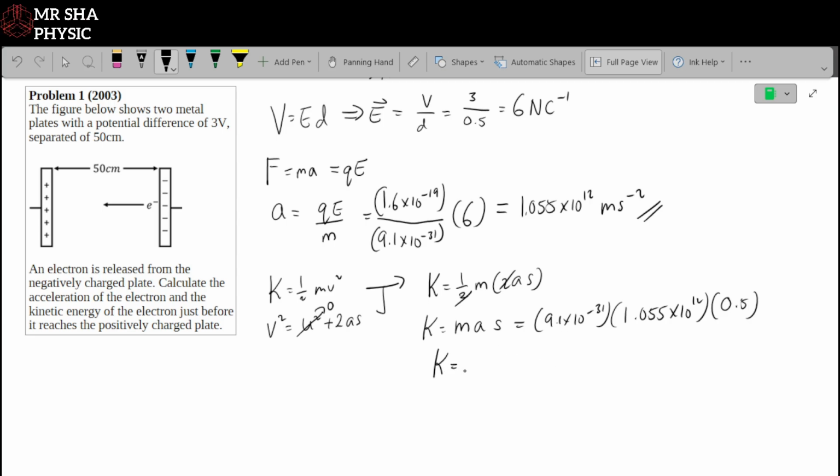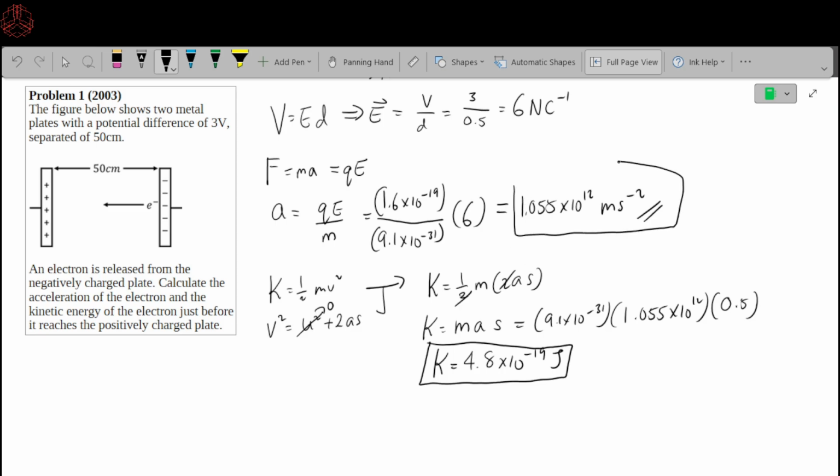That would give me a kinetic energy of approximately 4.8 times 10 power of negative 19 joules. So that's my kinetic energy, and this is my acceleration. We'll do more questions like this in problem 2 as well.